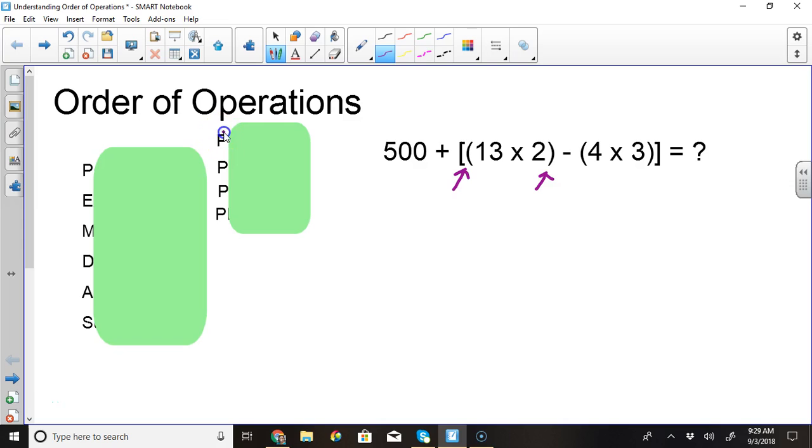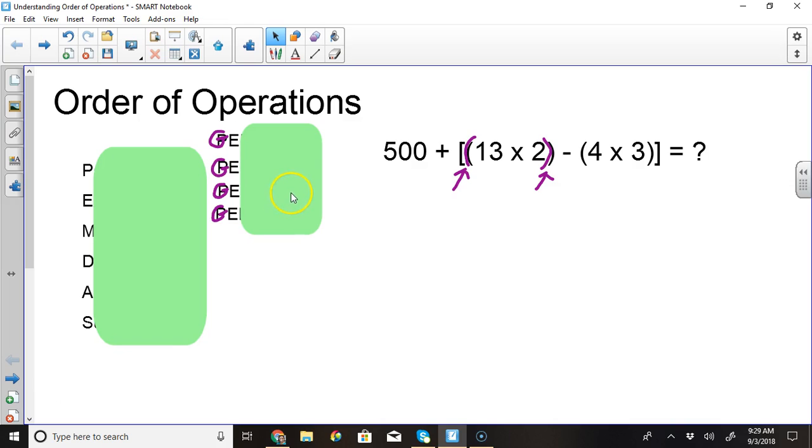So P for parentheses, let's not take that so literally, and let's call it G for grouping symbol, because sometimes we have more than one grouping symbol. So in the case when we do have more than one, we want to find the innermost grouping symbol and do that first. So we have parentheses and we have brackets here, so we would do the parentheses first because they are inside the brackets. So first do grouping symbols.